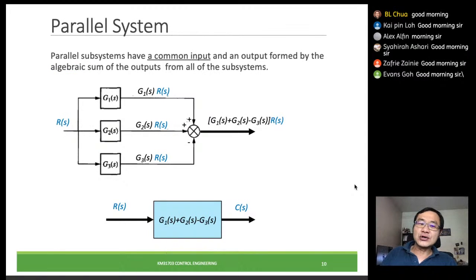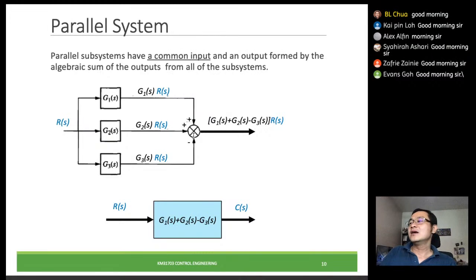Then for sure there is also a parallel system, where the signal goes to a point and then branches to different transfer functions, producing different signals, and then they come back to one point before being output. At this branch point the signal is R, R and R, but going through different transfer functions our signal will differ, so this will become G1R, this one G2R, this one G3R. Then we combine these three signals together at some point.